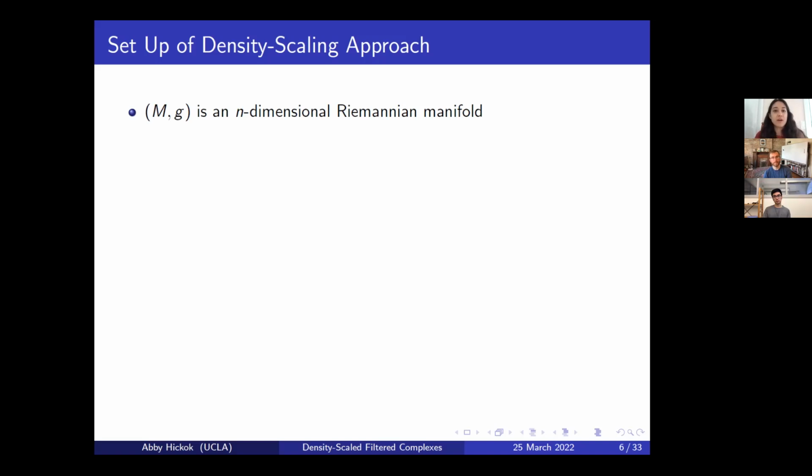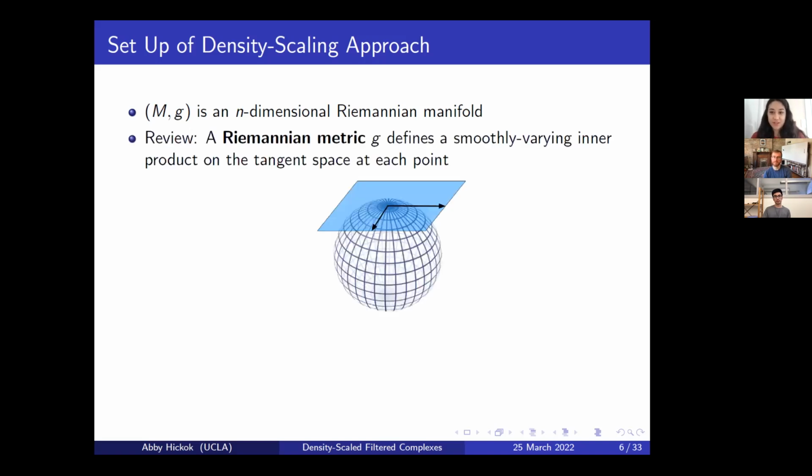We're assuming we have some n-dimensional Riemannian manifold M with the Riemannian metric g. I don't totally know the background of people in this group, so I'll briefly review the basics of Riemannian geometry. A Riemannian metric is a way of defining an inner product on each tangent space at each point. For example, in Euclidean space, the tangent space can be associated with just R^n, and the canonical Riemannian metric is just the usual inner product.